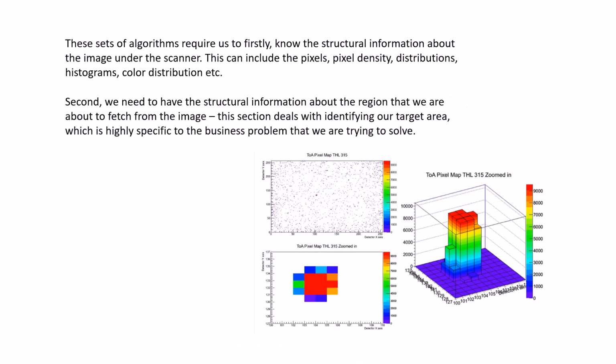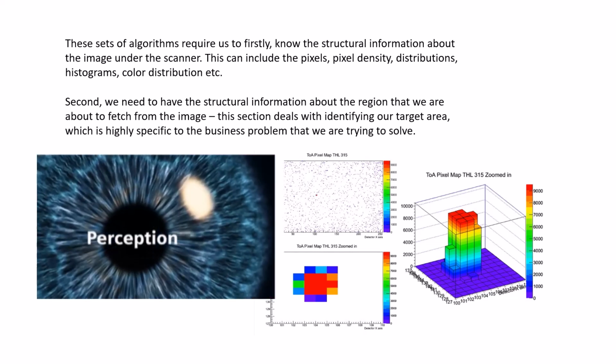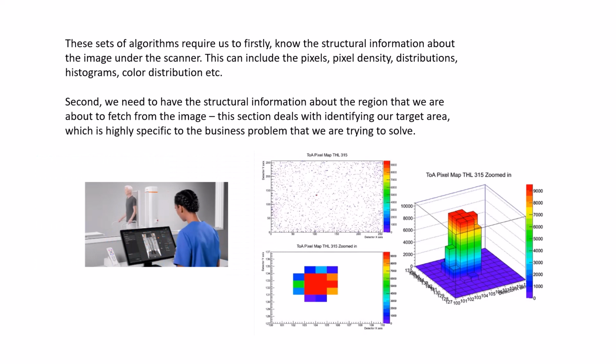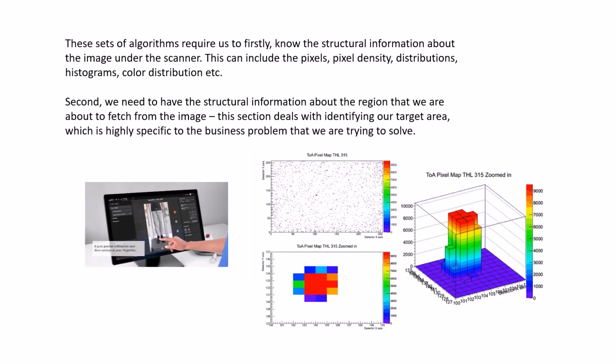These sets of algorithms or computer formulas require us to firstly know the structural information about the image under the scanner. This includes pixel, pixel density, distributions, histograms, color distribution, and so on. Next, we need to have the structural information about the region that we're about to fetch from the image.